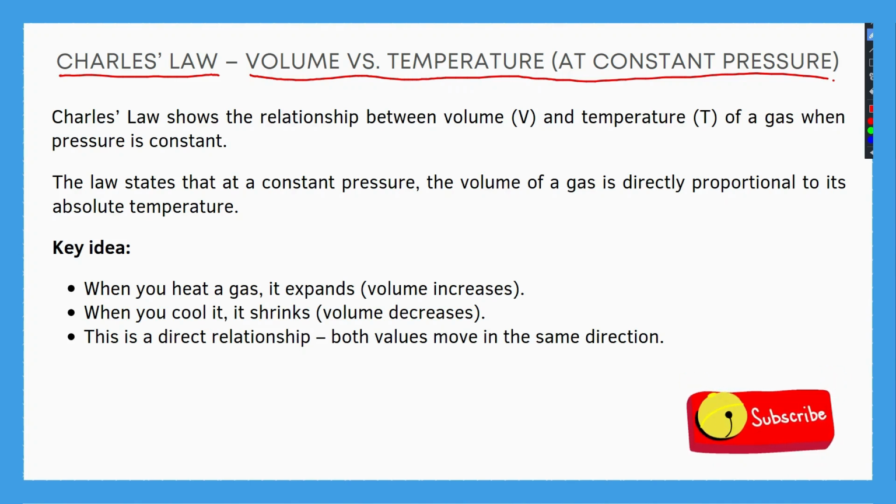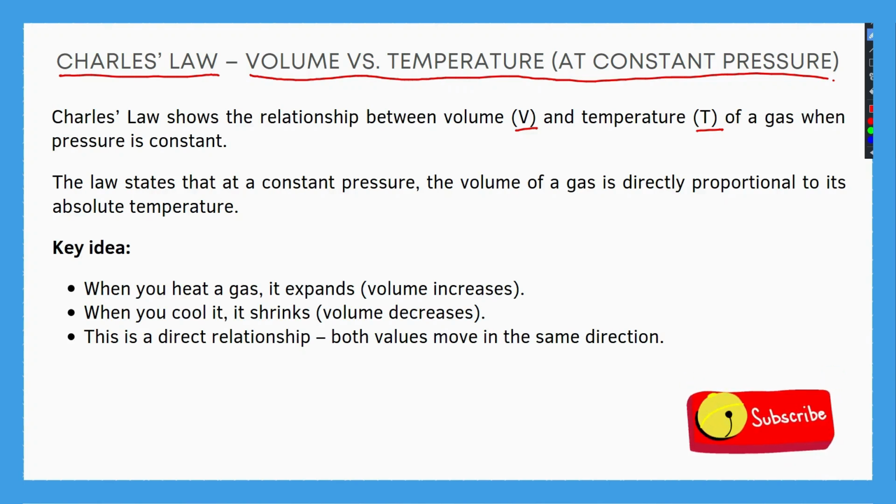So it's important to note that Charles's Law shows the relationship that exists between volume V and temperature T of a gas when pressure is kept constant. Remember, I said it before, but I'll say it again because it's very important for you to bear in mind: when we're talking about the gaseous state of matter, there are many variables you need to be very familiar with.